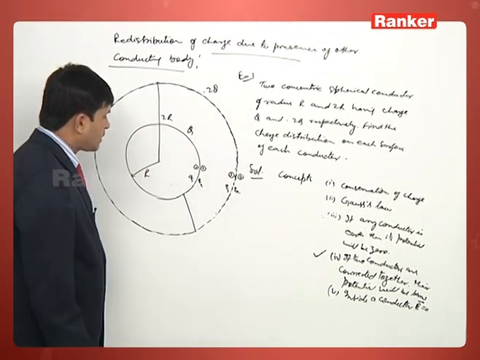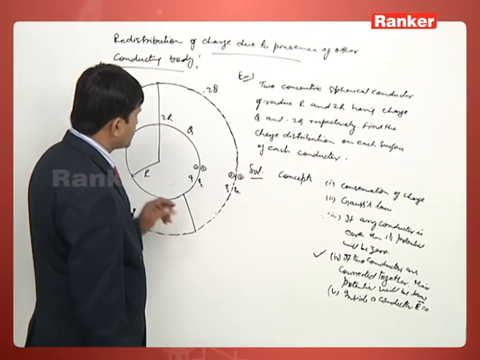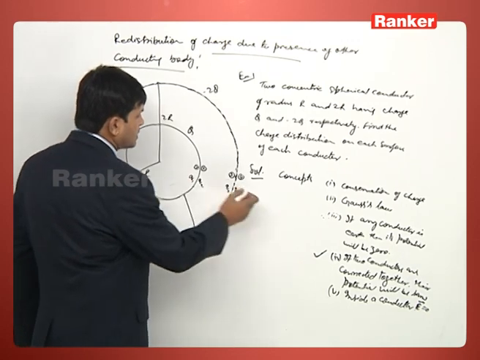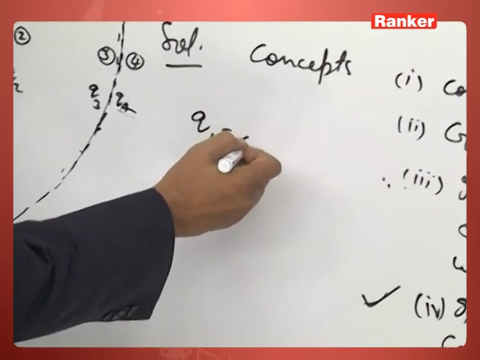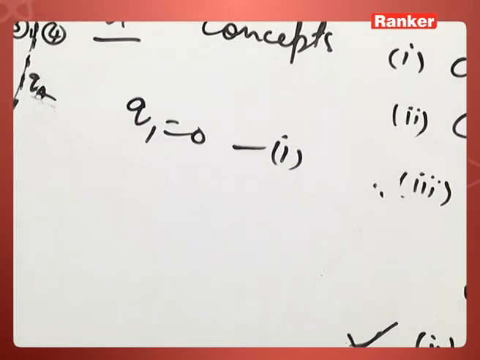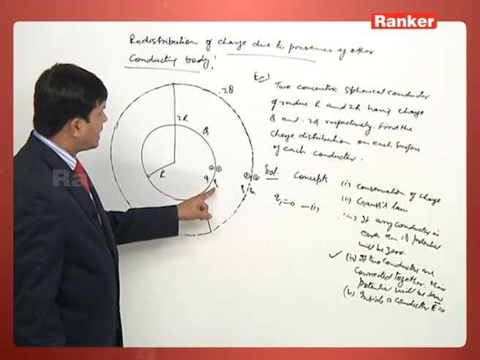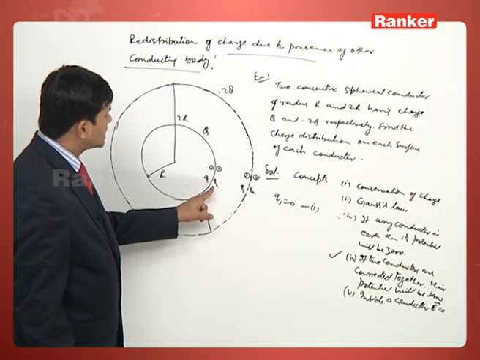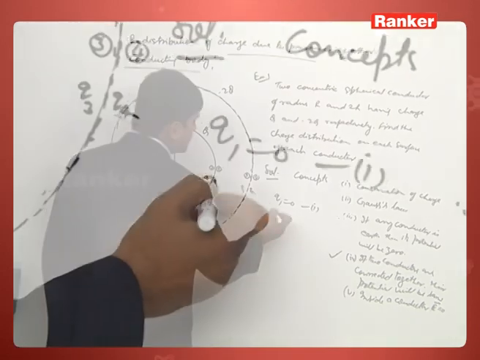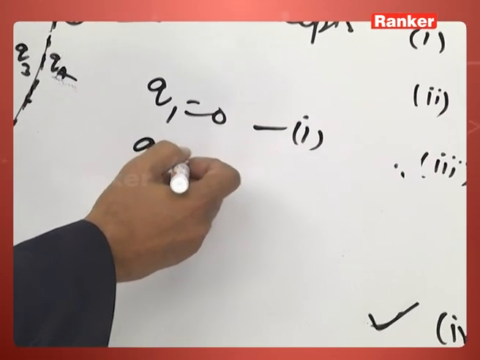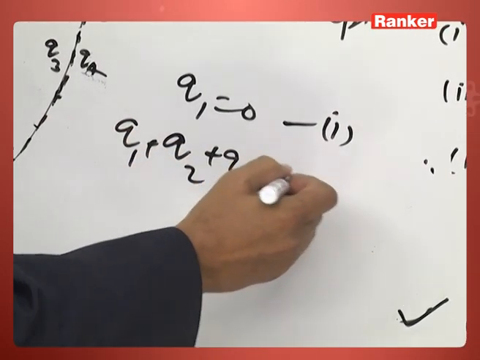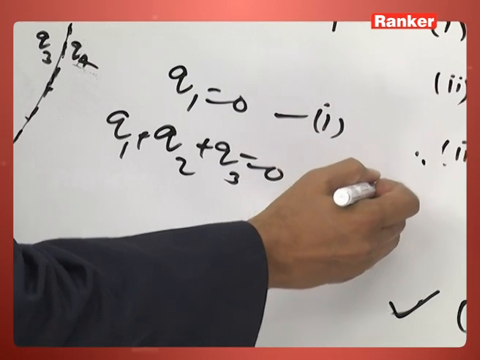So first of all, directly we can write that Q1 is always 0 because there is no electric field at inside point 1. And by Gauss law we can say Q1 plus Q2 plus Q3, that is also 0, second equation.